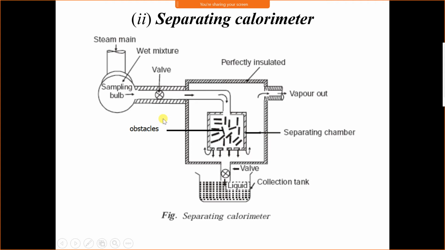In the throttling calorimeter, the main principle is a throttling process to calculate dryness fraction, but in this we do not use a throttling process. Here the main principle is the separation of water and vapor from the wet steam. Again it consists of a sampling bulb. In the sampling bulb wet steam is collected.